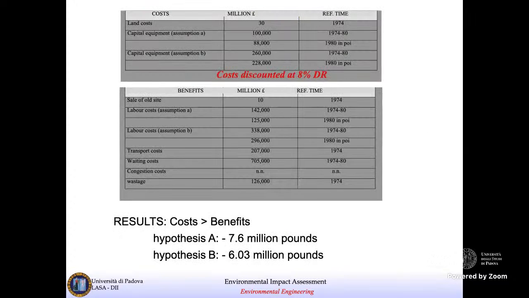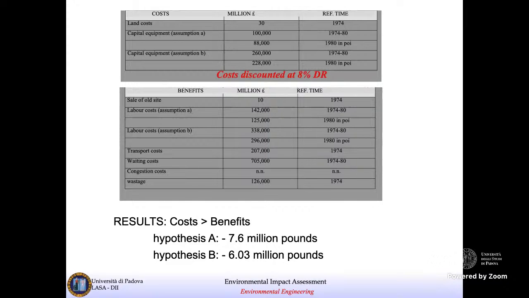Here, in this example, it was quite easy to compute the costs and benefits, because costs and benefits all referred to practical services or goods produced by the installation. Classically, the land cost is a market cost derived from the value of lands in the different places.